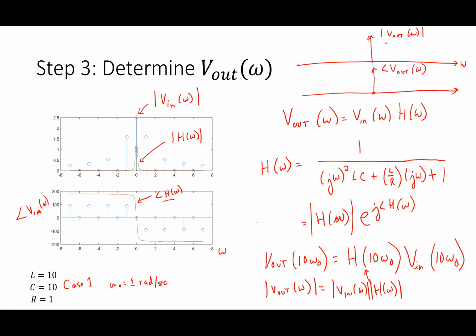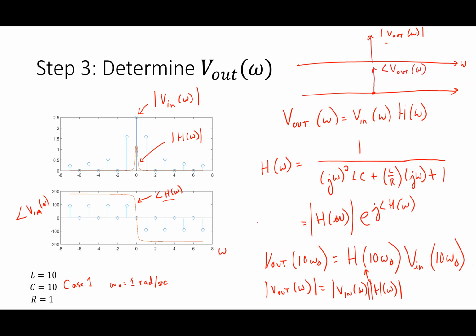Just based on this picture, what's it look like the magnitude of H is right here at this point? Just about 0. That means that the magnitude of the output should just about be 0 as well, right? Because I'm basically taking a number close to 0 times whatever this value is. So I'm attenuating or reducing the size of those coefficients at those frequencies.